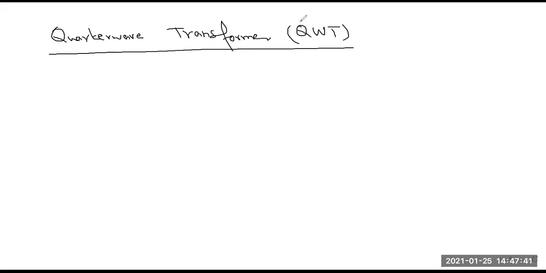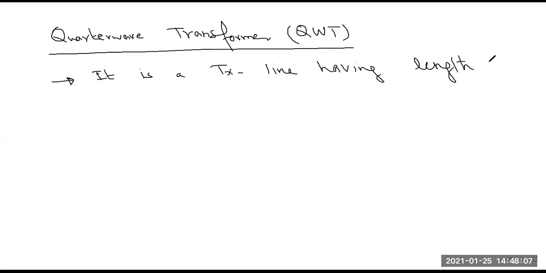इस वक्त जो हम क्वार्टर वेव ट्रांसफार्मर के बारे में आपको आइडिया मैंने दिया हुआ है वो ये है कि क्वार्टर वेव ट्रांसफार्मर इज बेसिकली अ ट्रांसमिशन लाइन having length equal to lambda by 4. So let me write it down that quarter wave transformer is a transmission line having length equal to lambda by 4.